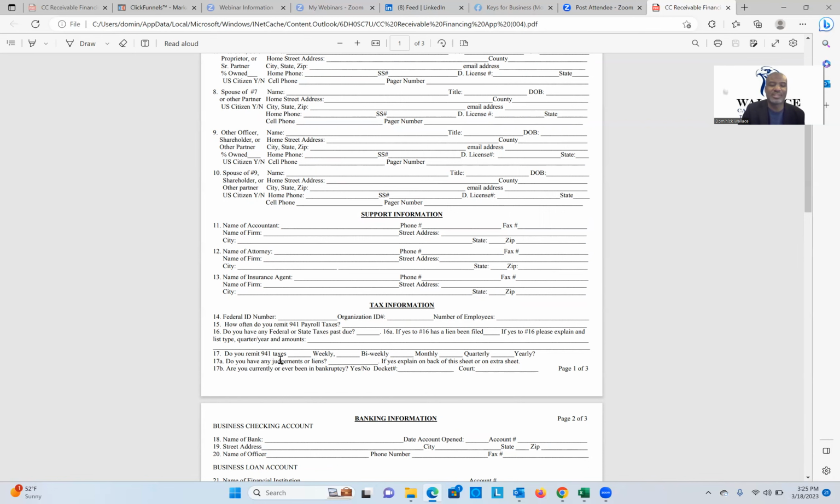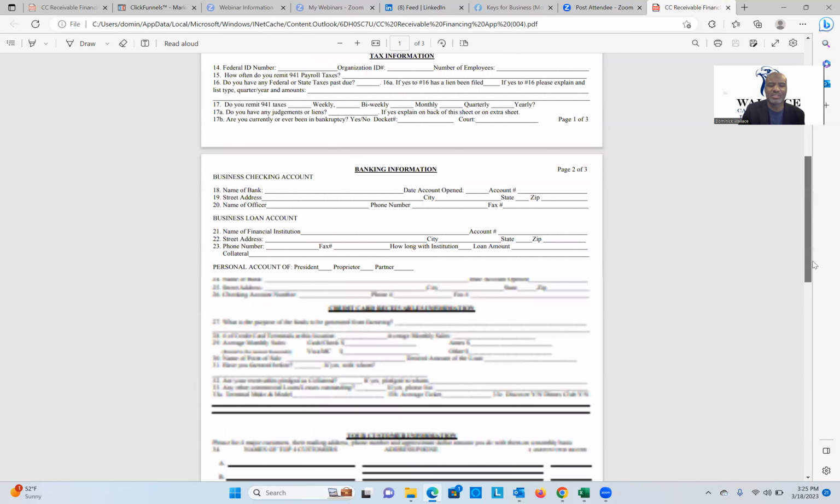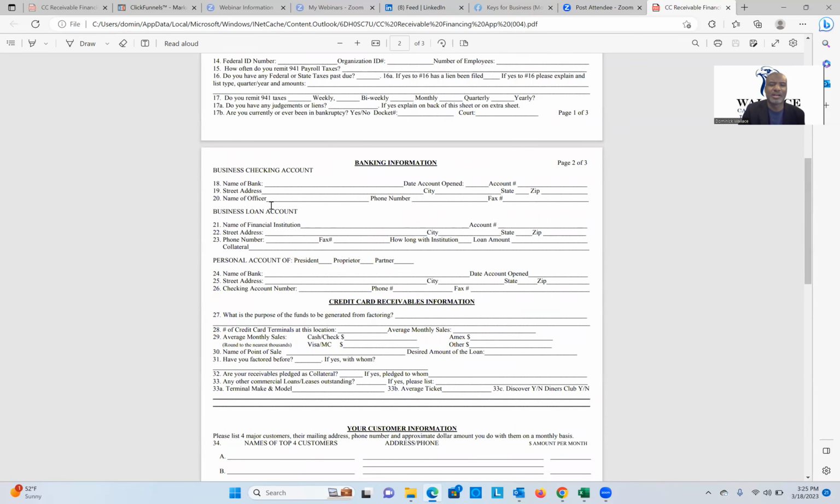Do you have any judgments or liens? If yes, mark yes right here, and then just send a separate email or a write-up or something like that. Are you currently in bankruptcy? If yes, what's the docket number and the court? All right.